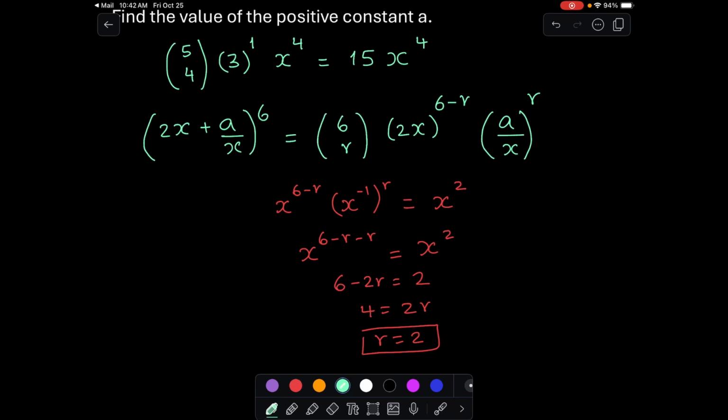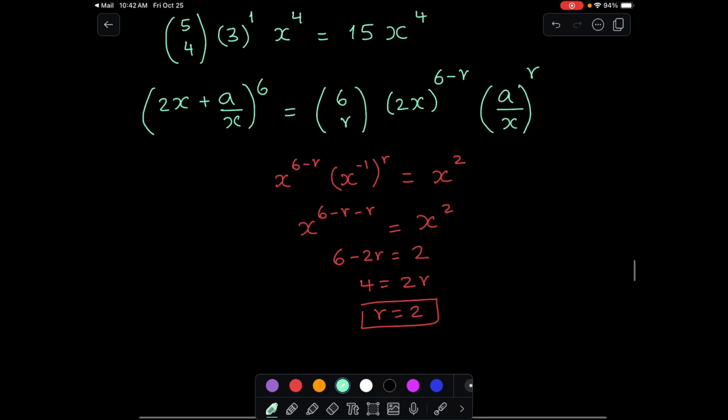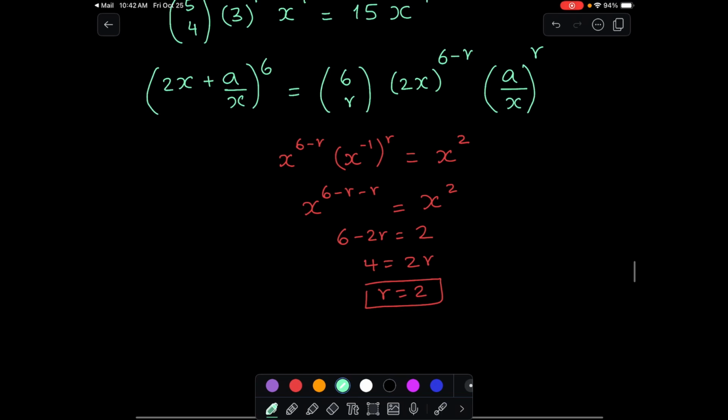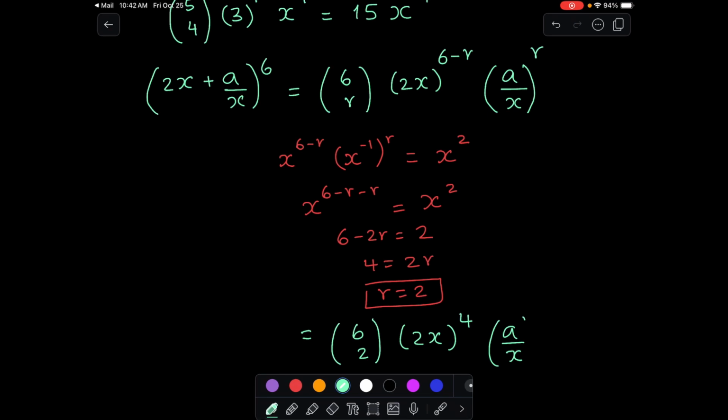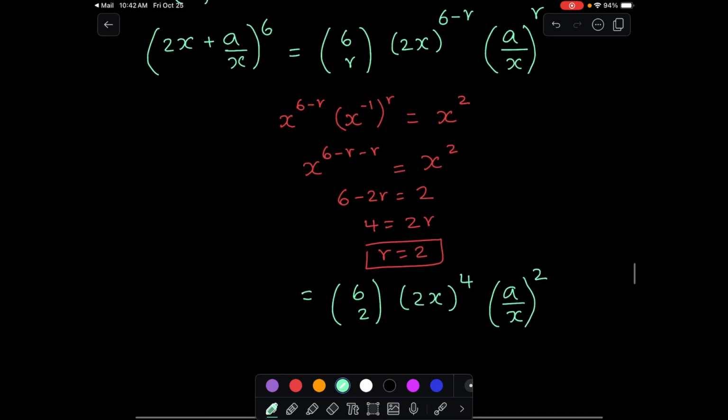Once you have obtained the value of r, go back and substitute in this equation over here. So you're going to get 6C2, 2x to the power of 4, a over x to the power of 2.